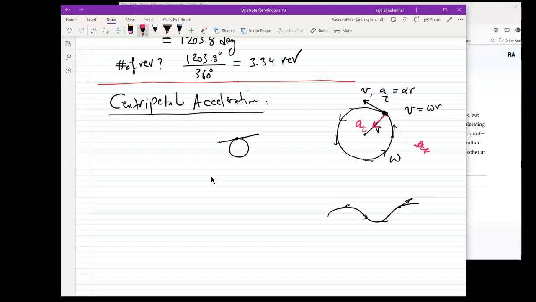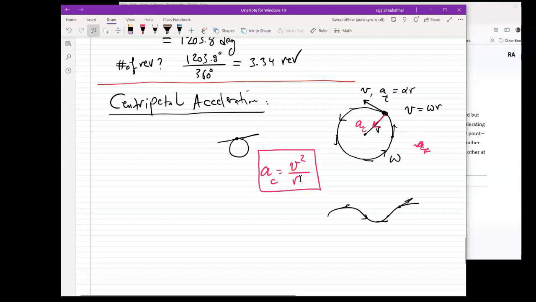I'm going to stick with A sub C. And this acceleration a sub c is equal to v squared over the radius. The v here is the linear velocity, or translational velocity, as the object is going around, divided by the radius of the path, and that will give you the centripetal acceleration.